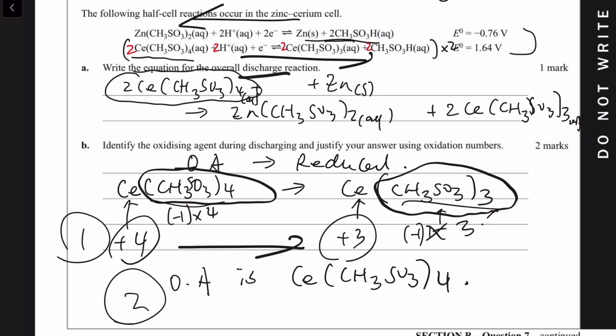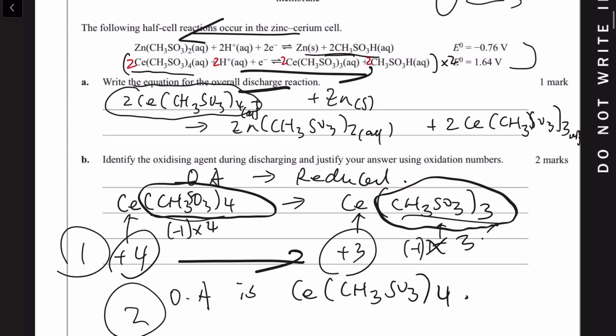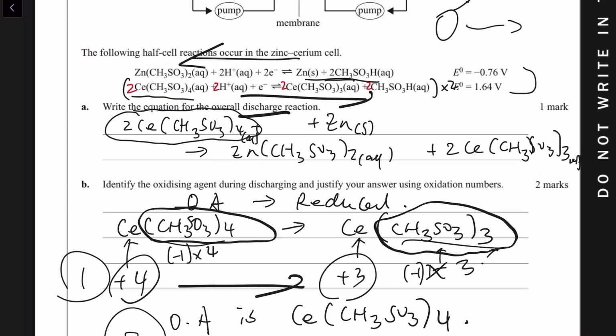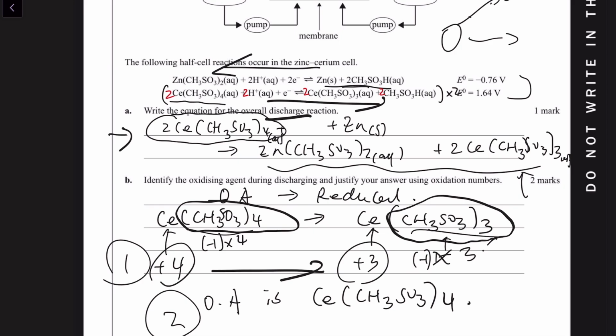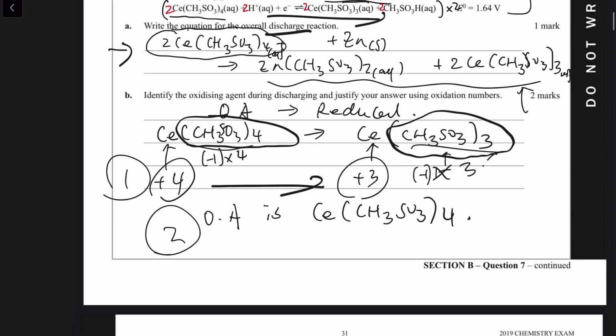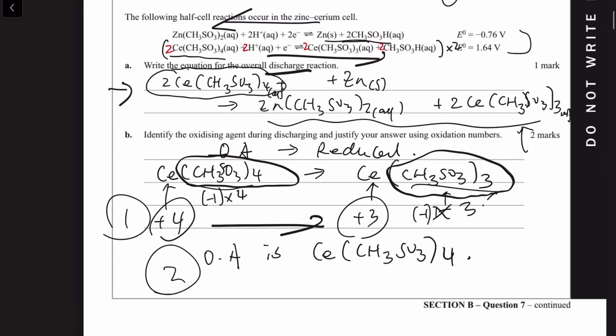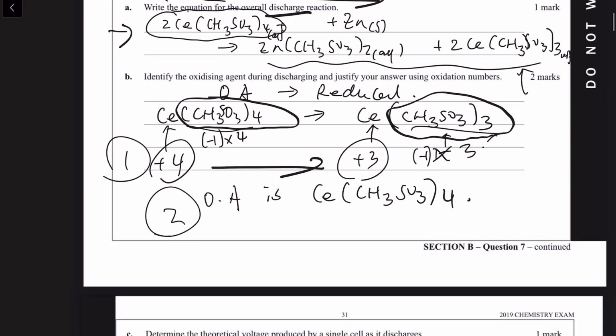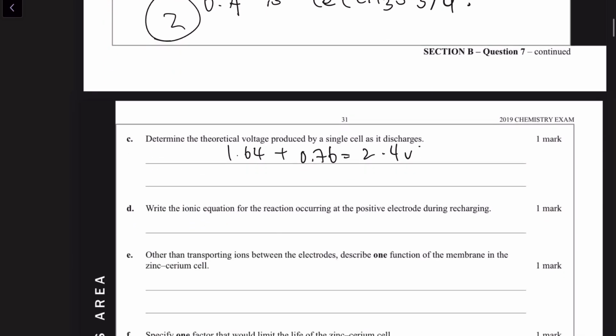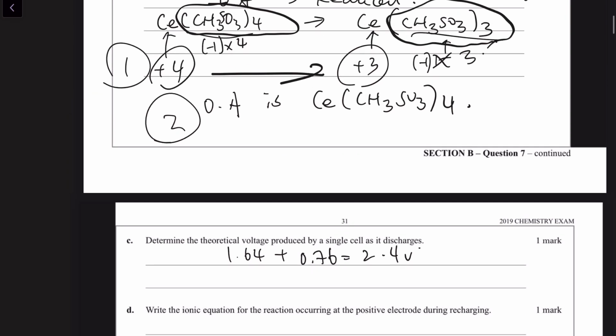It just watches the reaction, because it is not appearing separately in the reactant, or not appearing separately in the product. Or if we already know that Ce is being reduced, it must be one of the reactants. So there are different ways to look at this problem.